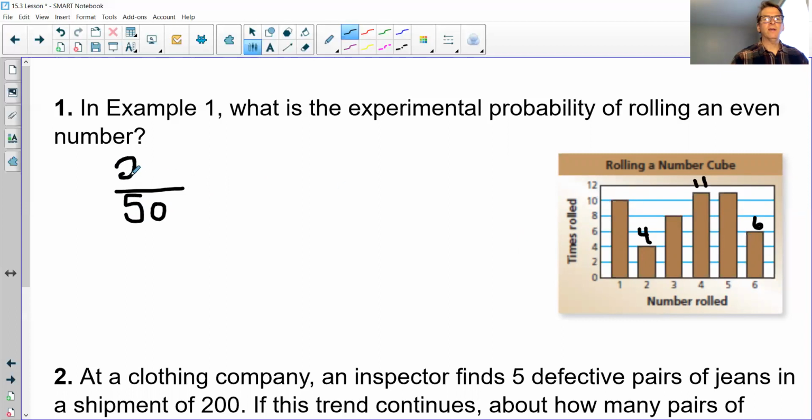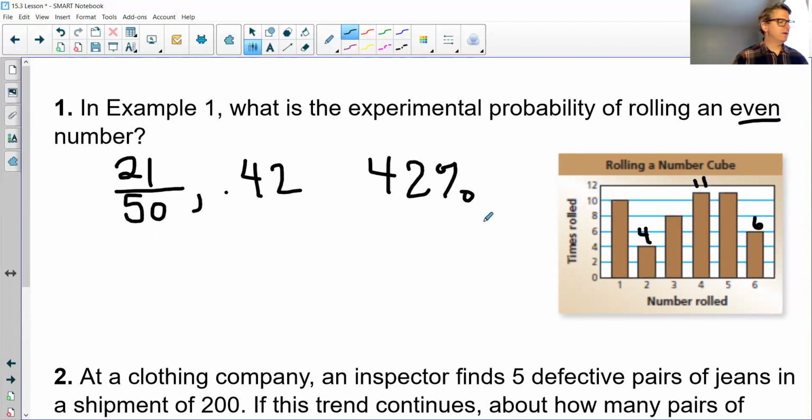So 21 rolls had an even number. So 21 over 50, which is 0.42, or 42%, is the experimental probability of rolling an even number.